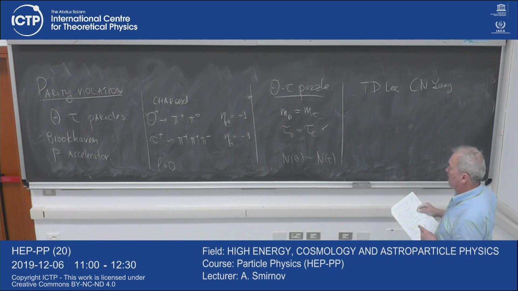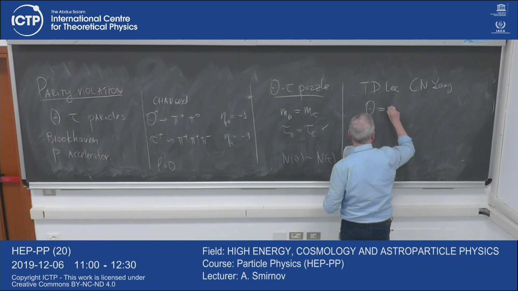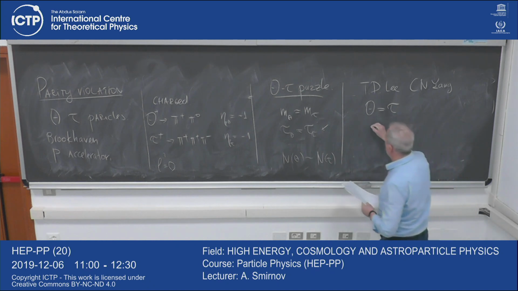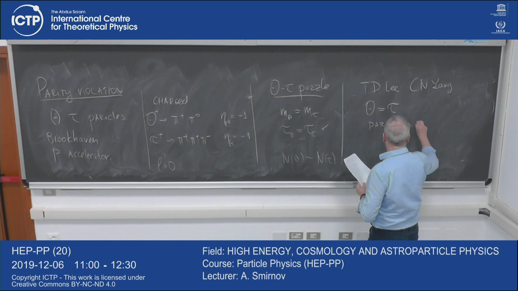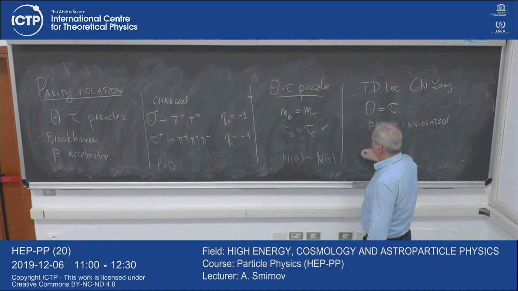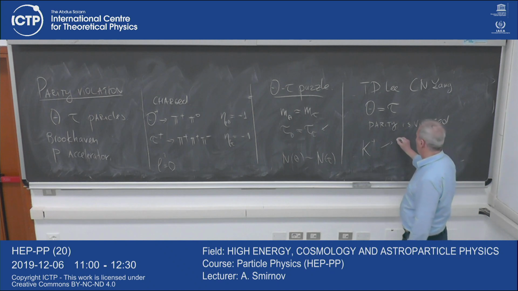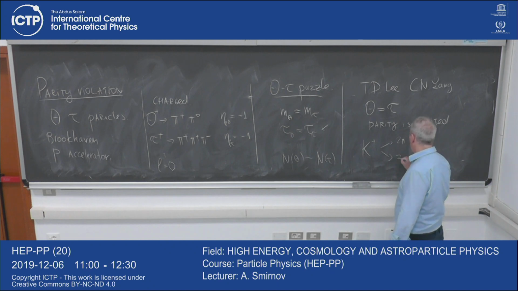They were saying the following: these are the same particle, theta is tau, and therefore you immediately explain all these features, but parity is violated. So the same particle, and now we know this is K plus, can decay into 2 pions, and it can decay into 3 pions.